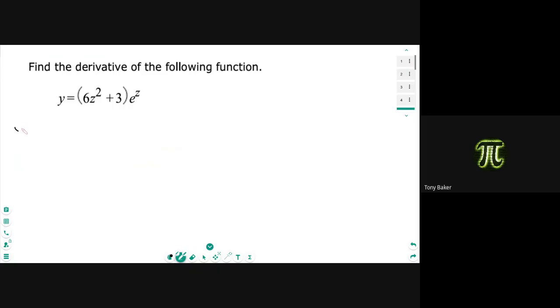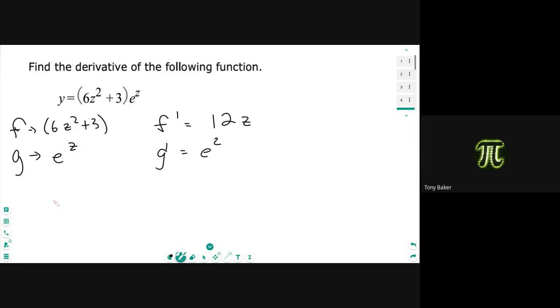So we have 12z e to the z plus e to the z times 6z squared plus 3.